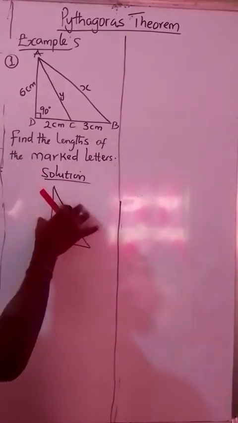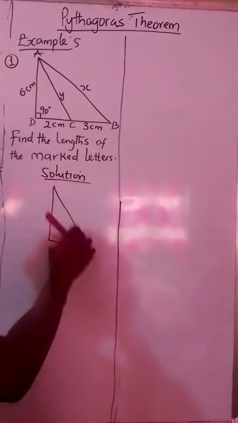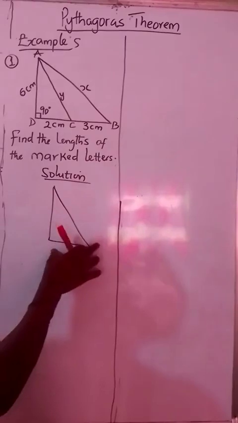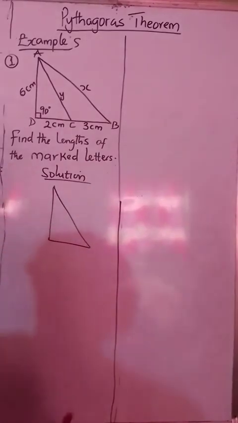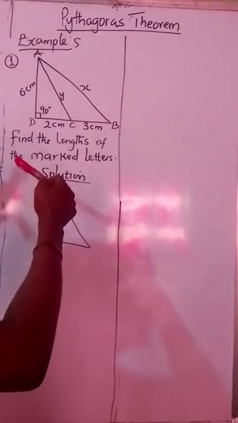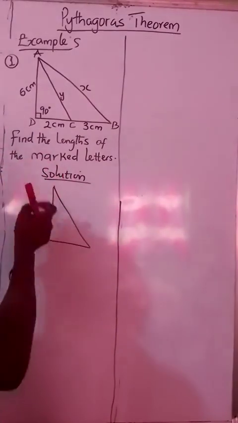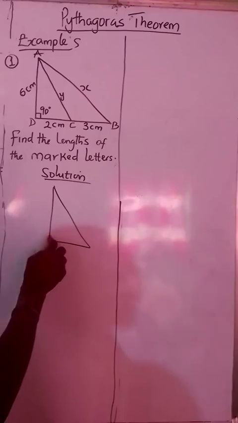So this is when you can solve a Pythagoras Theorem question, when you have a right angle triangle.